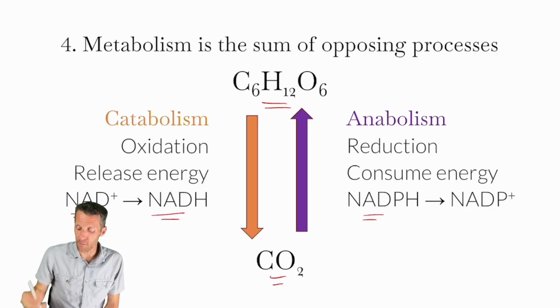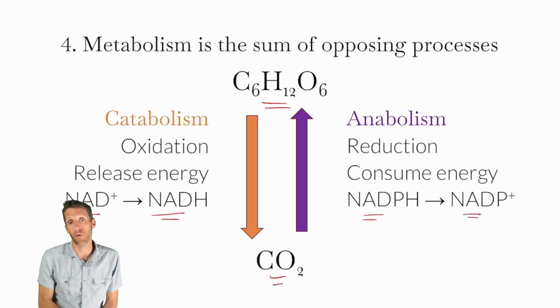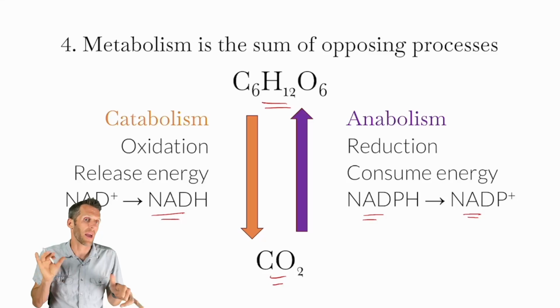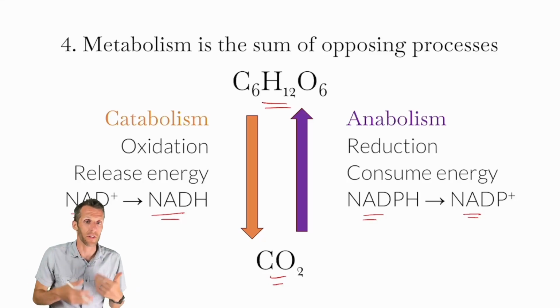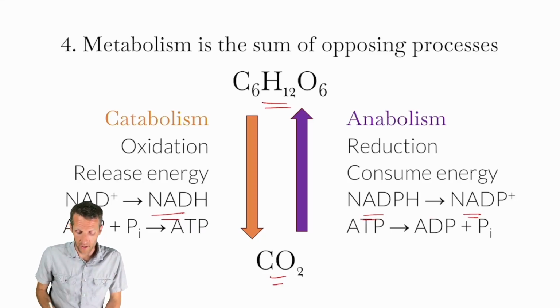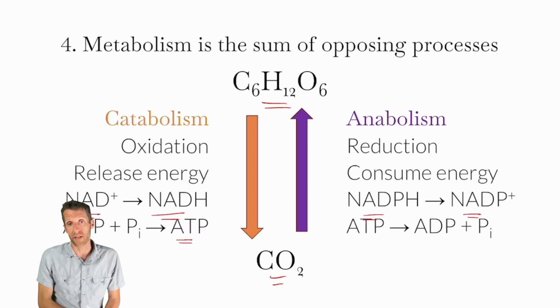We tend to see NADPH giving up its electrons, forming NADP+. So there are similar molecules, but they have different molecular features and different signs for the reaction of oxidation versus reduction. And then the last thing, going to the energy side, catabolism generally generates ATP, and anabolism generally consumes ATP.